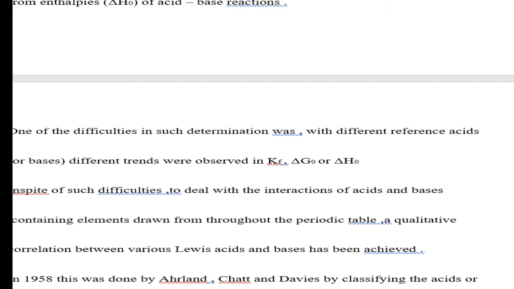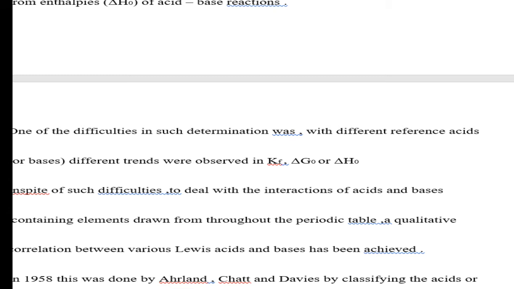One of the difficulties in such determination was that with different acids or bases, different trends were observed in formation constant Kf, delta G and delta H. In spite of such difficulties in dealing with the interaction of acids and bases containing elements drawn from throughout the periodic table, a qualitative correlation between various Lewis acids and bases has been achieved.